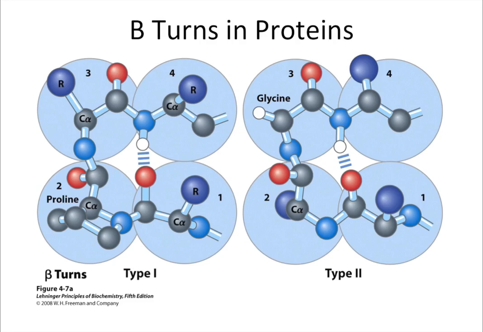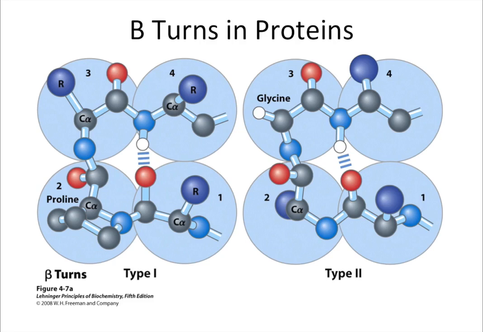So, if you think about it in that way, it's not surprising that these occur at the surface regions of the protein. The most prevalent amino acids that are present in beta turns are glycine and proline.